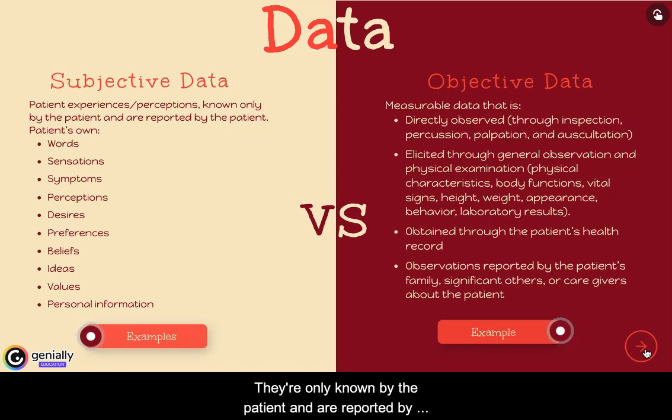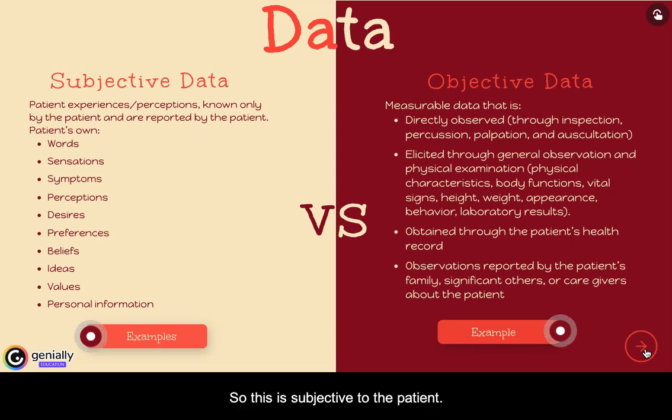They're only known by the patient and are reported by the patient. Right? So we use the patient's own words, sensations, symptoms, perceptions, desires, preferences, beliefs, ideas, values, and personal information. And remember, this is all in the patient's own words. So this is subjective to the patient.